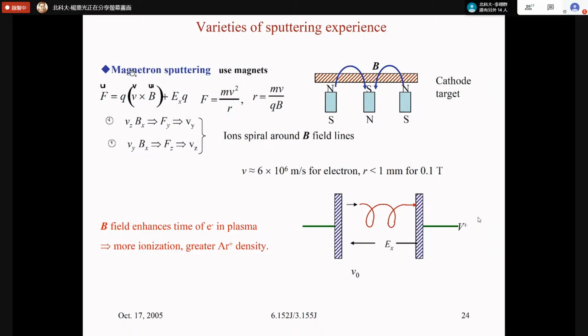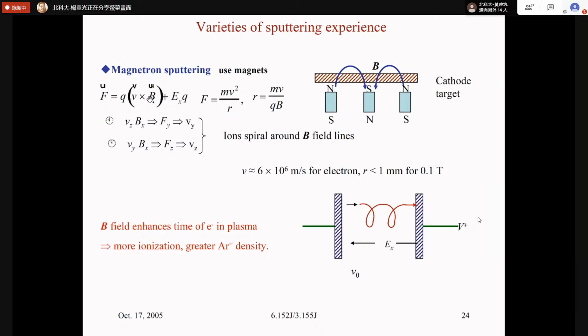Finally, magnetron sputtering is what is widely used, and this is a cathode. On the back of the cathode, we put magnets, NS, NS, NS, and we know the magnetic field lines go from N to S, N to S. So we have these magnetic field lines, okay? And then we understand this is the Lorentz force, I already told you.